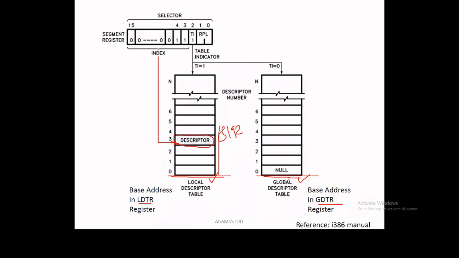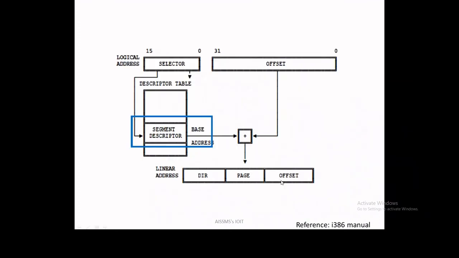It depends on my application programs or the system programs, how many segments are currently working in the processor. Depending on that, those segment descriptors are active at that particular time, and that many descriptors are there in the descriptor table. Now, why local and global descriptor tables?